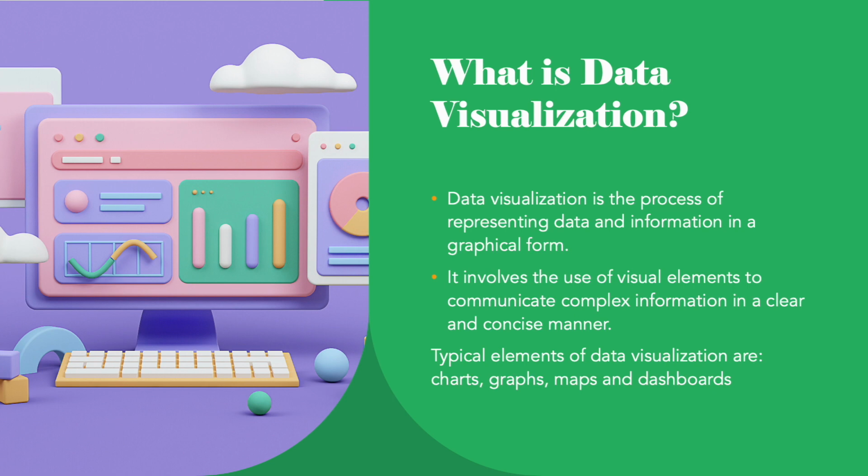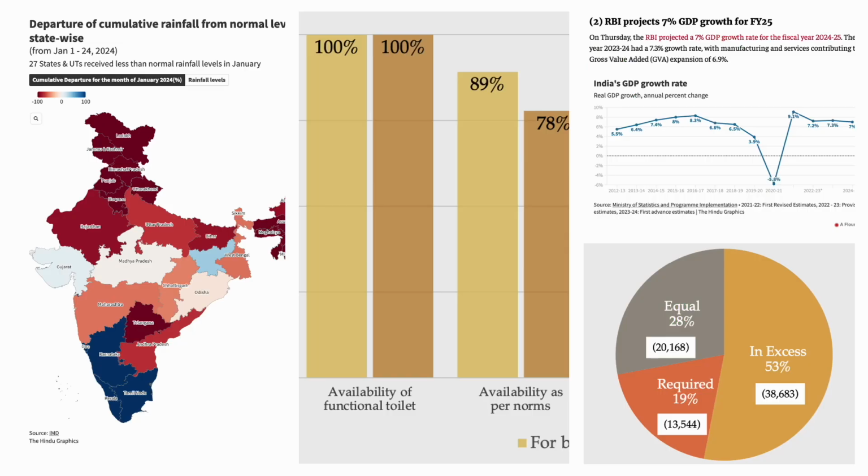So all of these are the typical elements of a good data visualization. Here are a few examples. You see there's bar charts, line charts, pie charts, and these are called choropleth maps. You typically come across them in reports, in newspapers, all sorts of places. Data visualization is a really common sight these days.